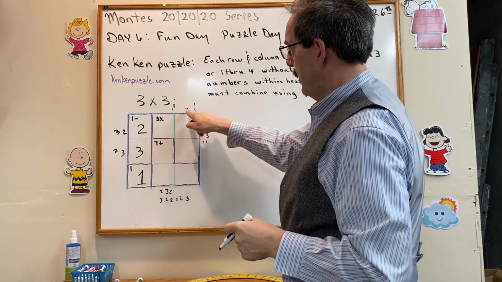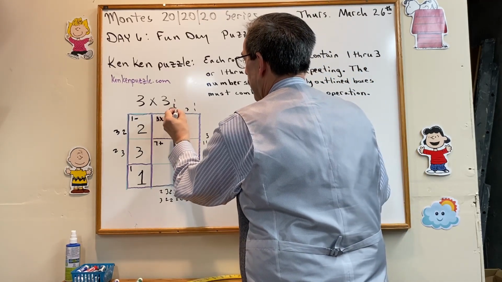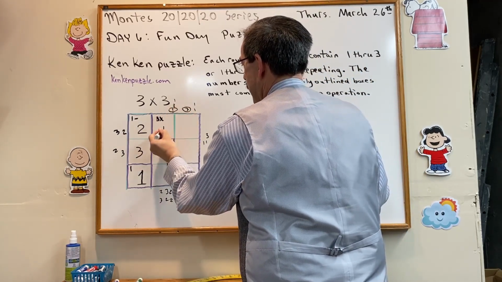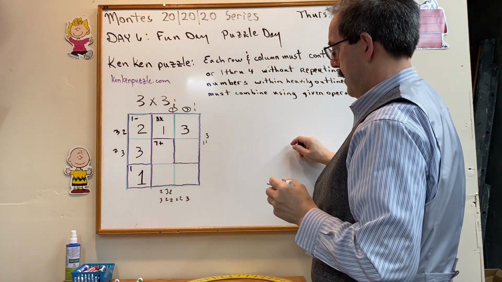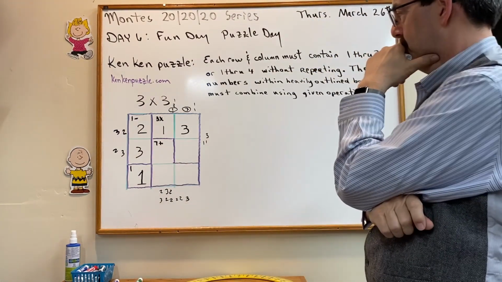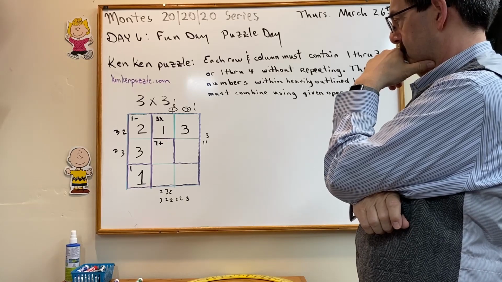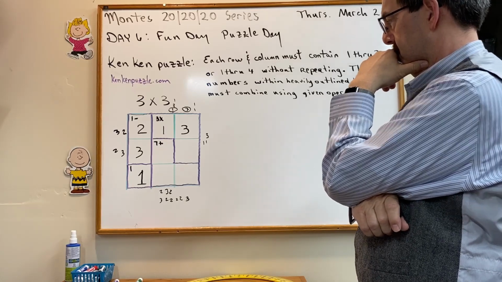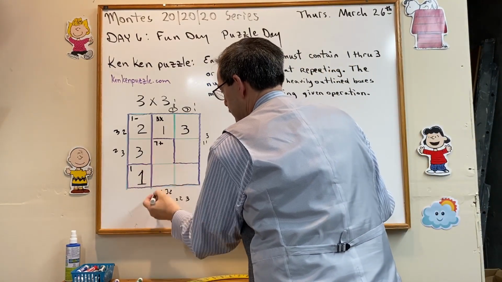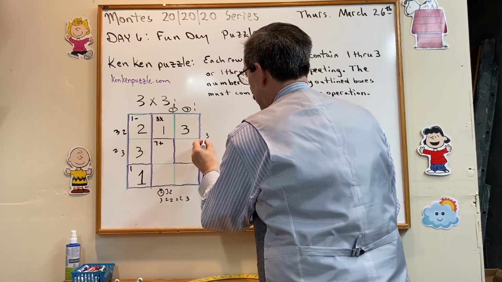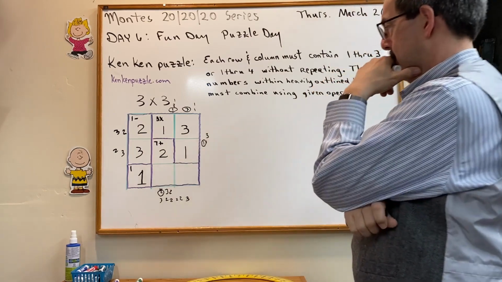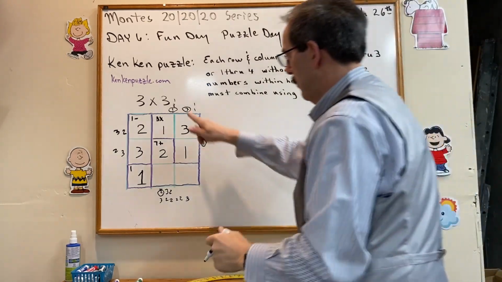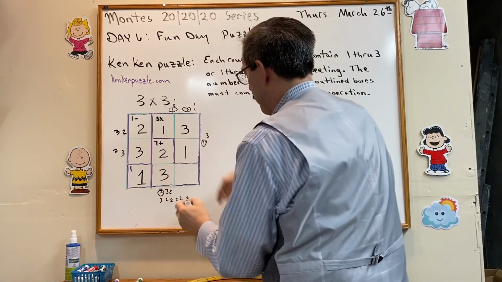Because I see a 1 and a 3 here. A 2 and a 1. One, two, three. 3, 1, 2.